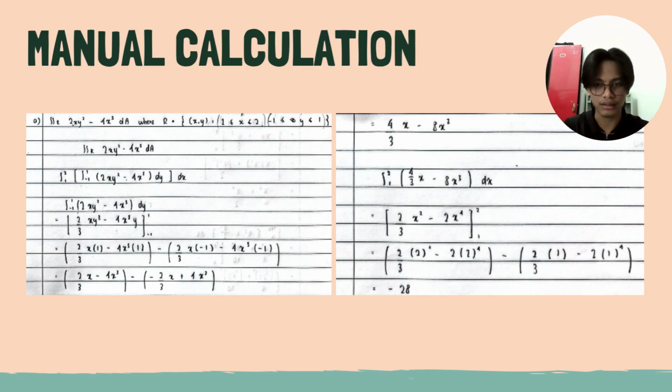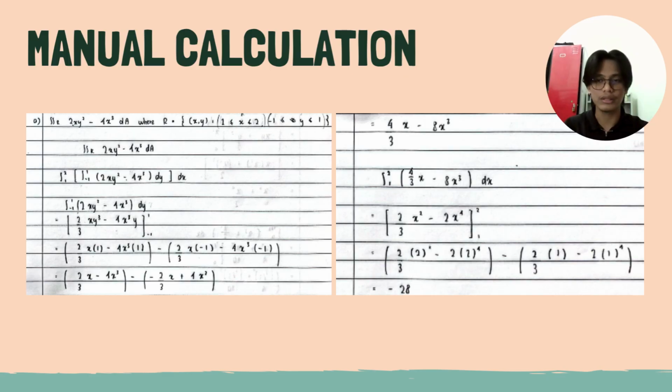Then after that, we substitute with the upper limit and lower limit, where you can see it became minus here. So the upper limit we put in the first part of the subtraction, then the lower limit in the right side of the subtraction. Then from there, we get the answer 4 over 3 x minus 8x cubed.